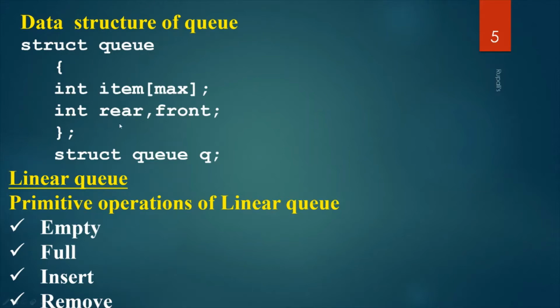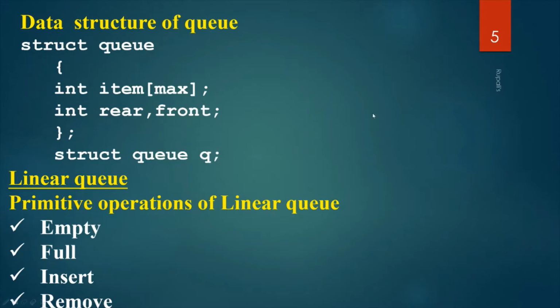Two integer variables are there, rear and front. Rear is the inserting end and front is the deleting end. And here struct queue means I define one variable of type struct queue. So queue is the object or the variable of this structure.